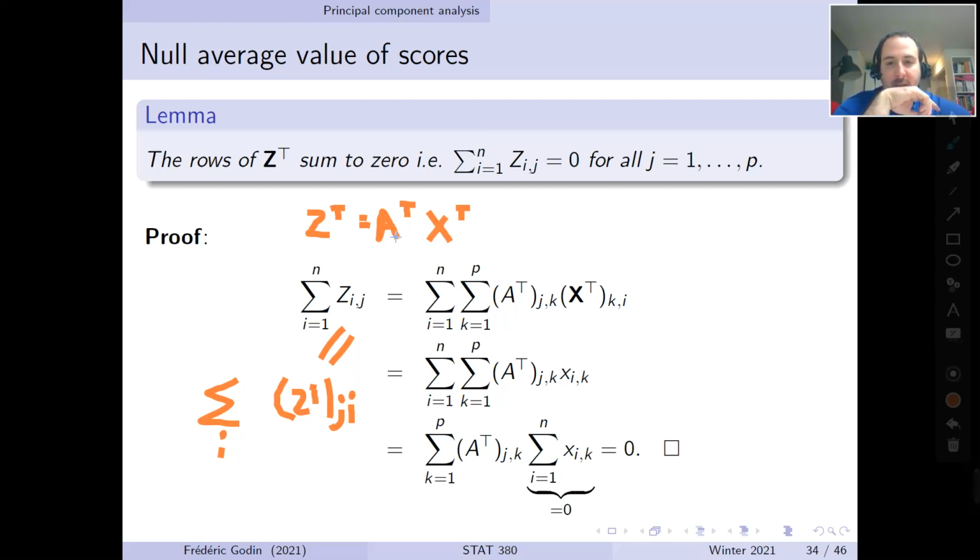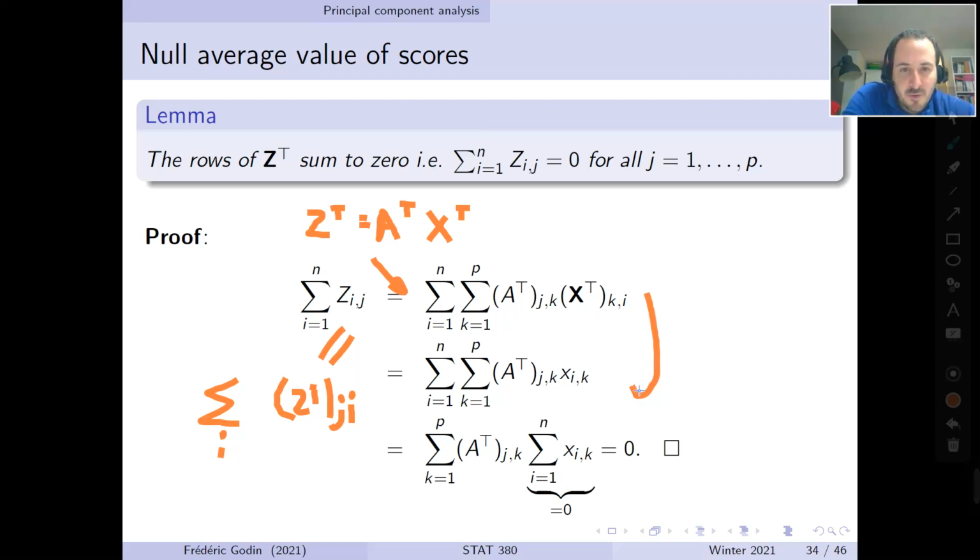For the second element of the row, it's all elements of that jth row here times elements of the second column, etc. So you basically sum across all k's all elements of the jth row of A transpose times all elements of the ith column of X transpose. Okay, so from this equation it's possible to derive this one. And again, I'm saying it a bit quickly, but please take your time to review this equation on your own to make sure you understand the steps at home.